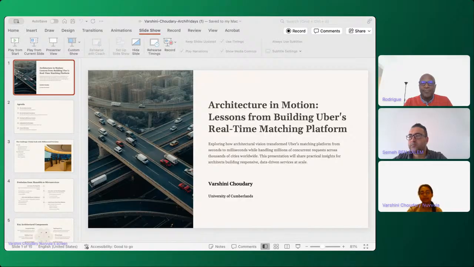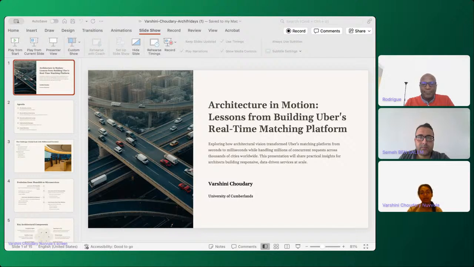Today, I'm excited to share a case study which emphasizes these principles: a real-time matching platform, where we explore how the architectural vision scaled to serve millions globally, and what lessons we can carry into our own systems. So let's begin. I am honored to welcome all of you to the session.